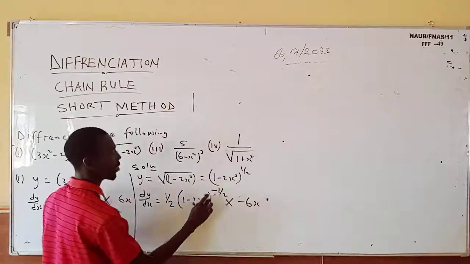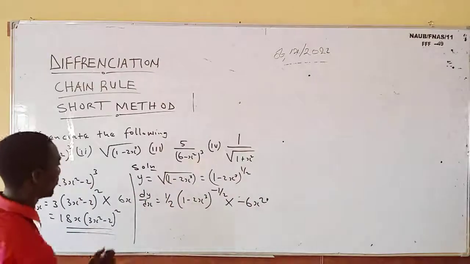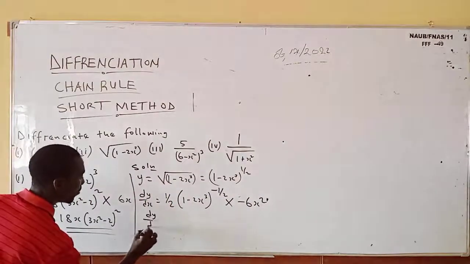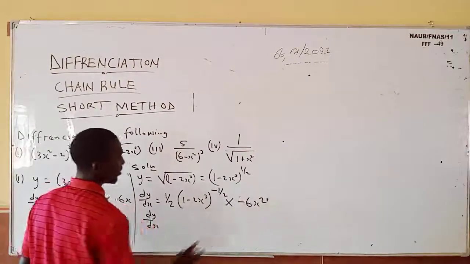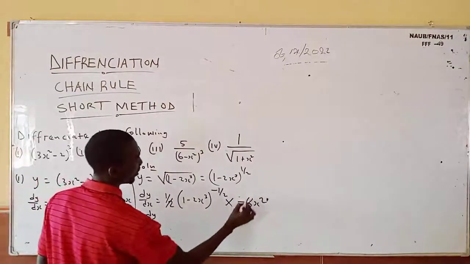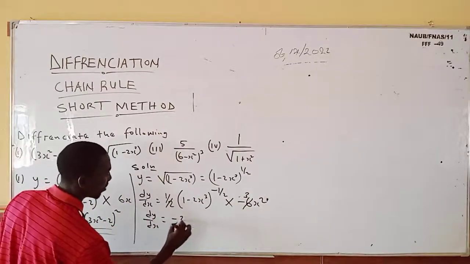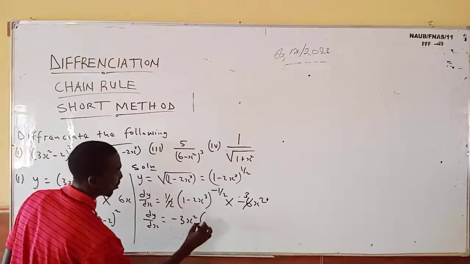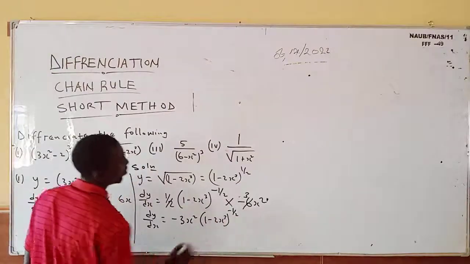Then if you subtract 1 here, you are going to have 2. I hope you get this. So now it means that dy/ds is half times what is here. Half times minus 6 is minus 3. So everything that is there is going to be equal to minus 3s squared into (1 minus 2s cubed) all to the power of minus 1 over 2.